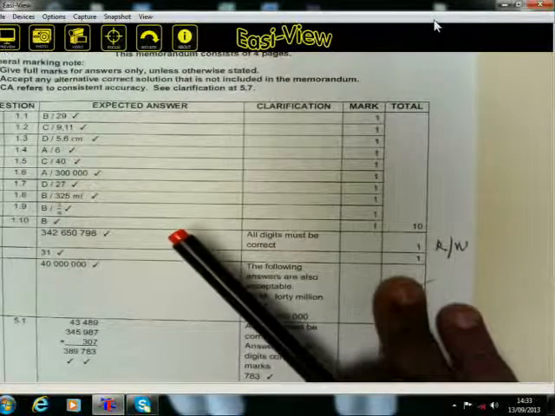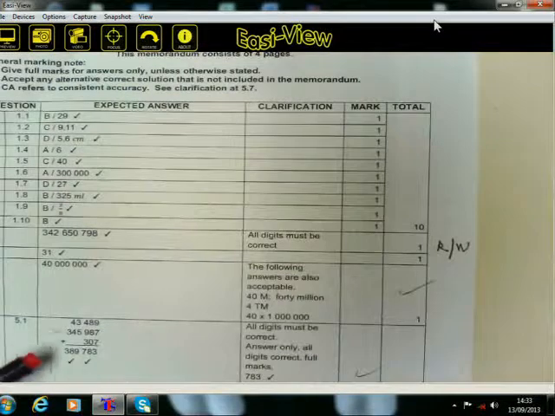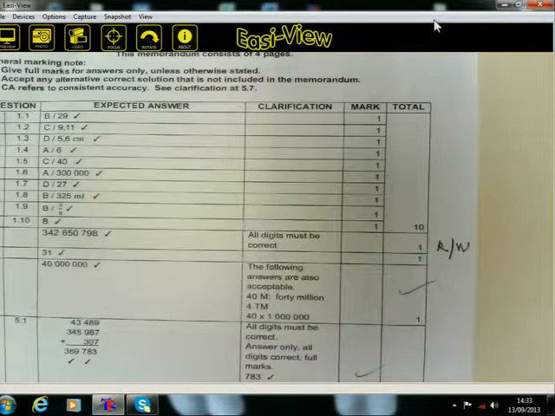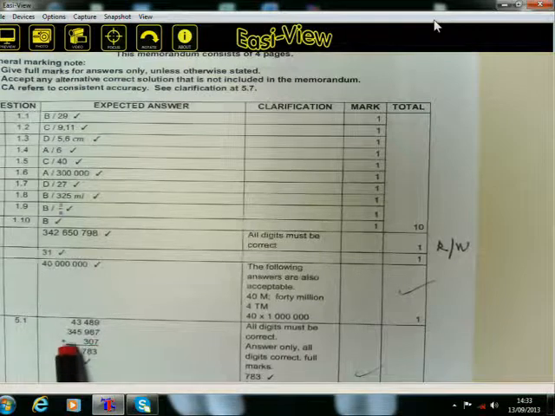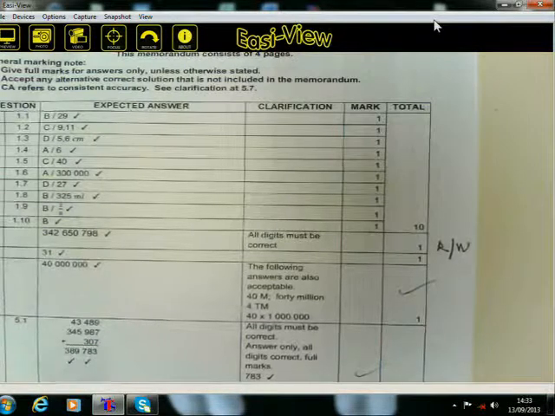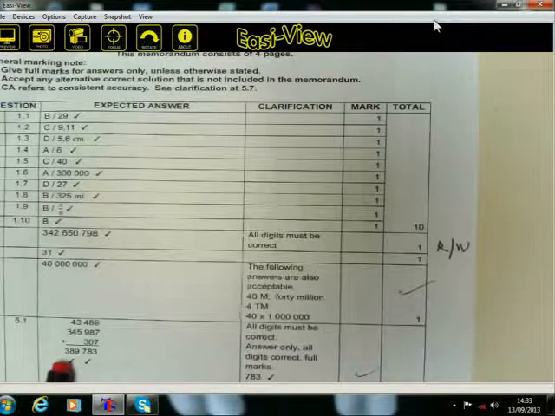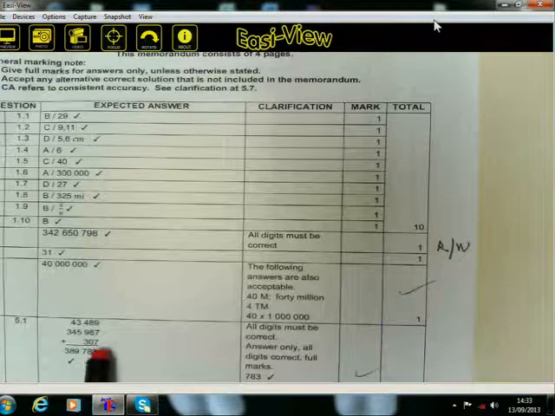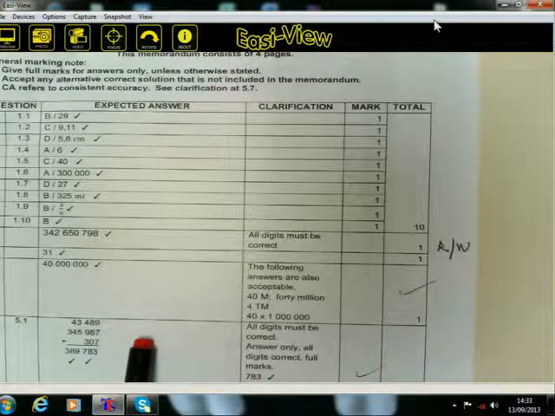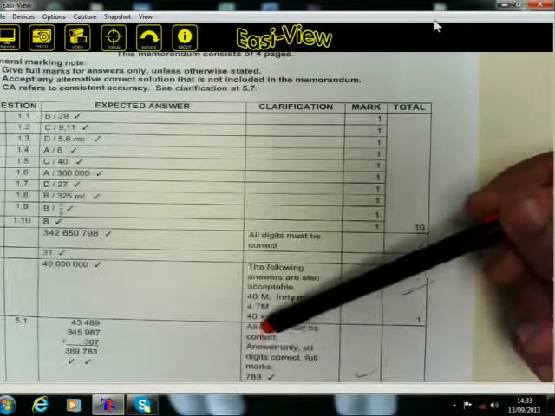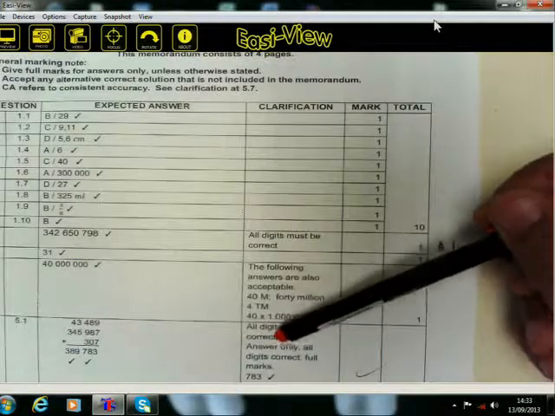Now what happens is a learner might get the first one here right and this second one wrong. So in that case, you don't mark him wrong. Because maybe he wrote 400 and then here it's correct, 783. You will give him 1 mark there. And then that one will be wrong. Now they say under the clarification, all digits must be correct.